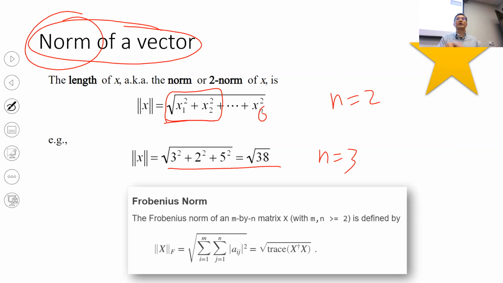So the point of this data is 3, 2, 5. So you do 3 squared plus 2 squared plus 5 squared, square root. This is called the norm of your vector. It is the length of your vector from your data point to the origin. So how far away, right? That's a distance, okay? So the norm of a vector means how far this data point is from the origin.